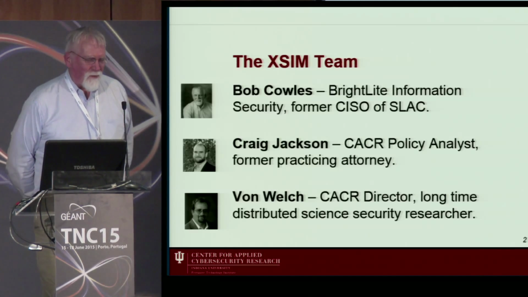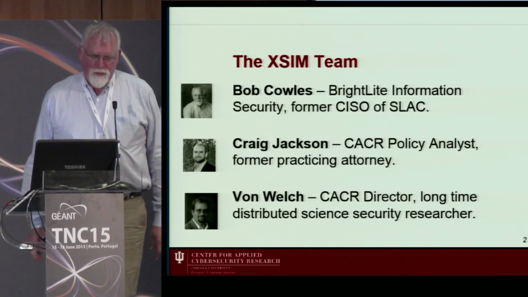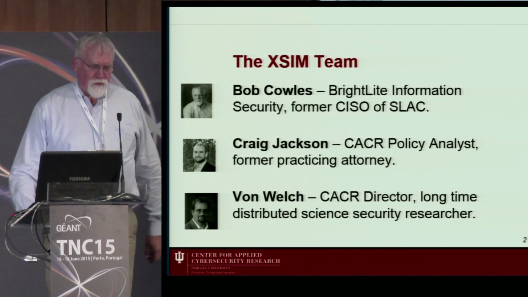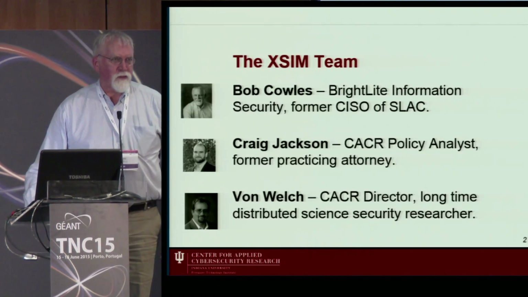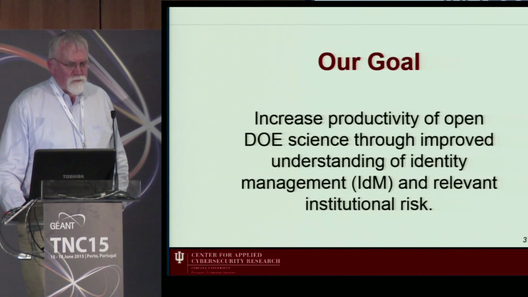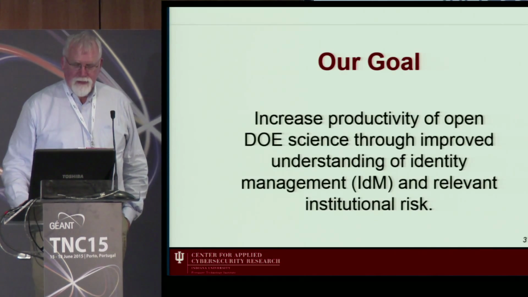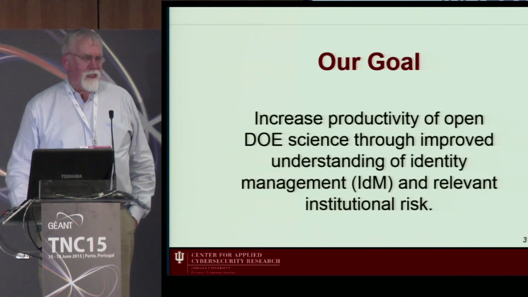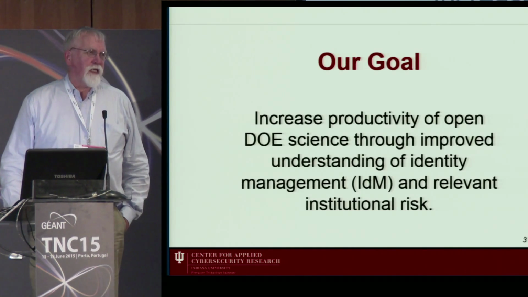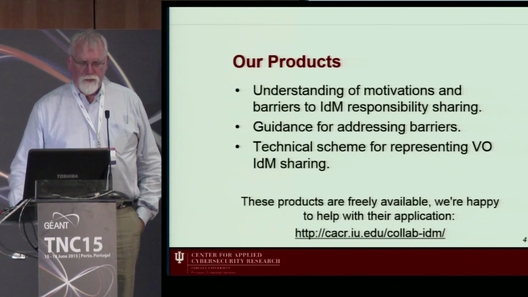So this is a report on research work done by the XM collaboration. They're the people that are involved in it. Vaughn Welsh, who some of you may know, is the principal investigator on it. This is a DOE research project. Our goal was to increase the productivity of DOE science by understanding identity management and the risk involved and projecting the direction of identity management in the 2020, the exascale timeframe.